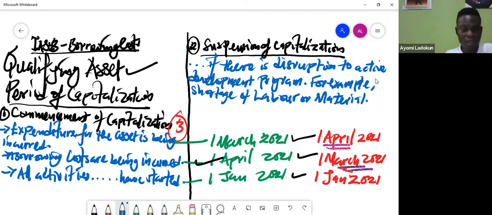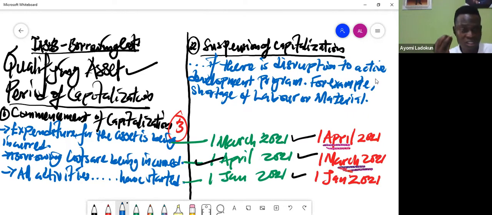However, be with me here. If disruption to the active development program is necessary for the asset to be ready for its intended use or sale, borrowing costs shall not be suspended. Let me say that again, and I'll give you an example.